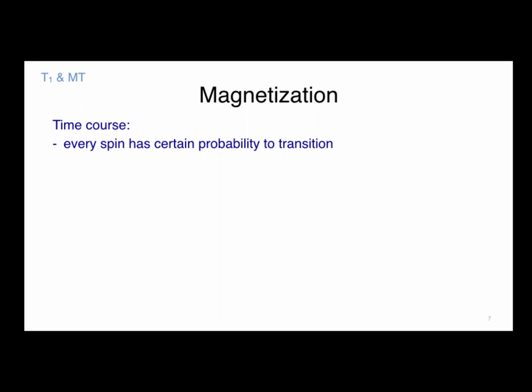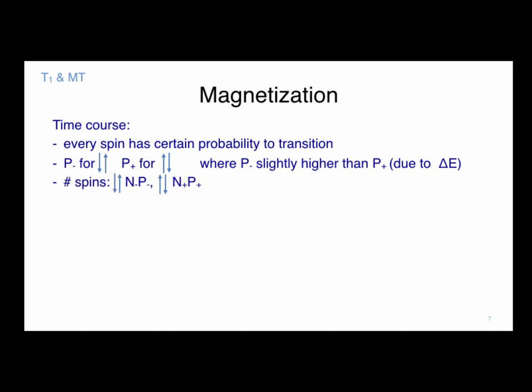We can derive the general time course of this process with a mix of some quantum mechanics and classical approaches. Assume that every spin has a certain probability to make the transition either from the down state to the up state, or the reverse, where P minus is slightly bigger than P plus because of the energy difference. So the spins have a small preference, of course, to be in the lowest energy level.